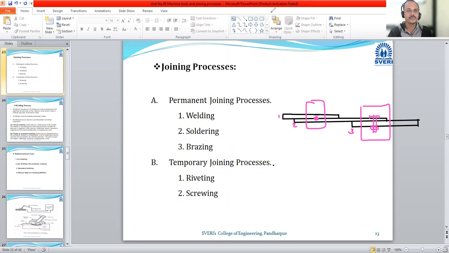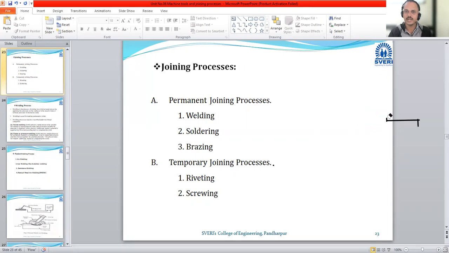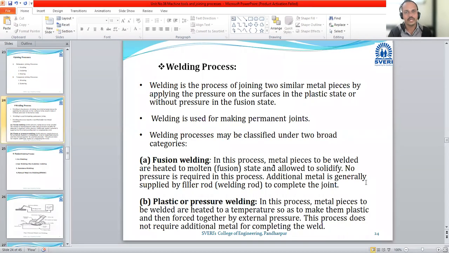So in permanent joining, now we will proceed next. Have you understood permanent joining and temporary joining? Yes, sir. Now we are moving towards the welding process. So what is welding?